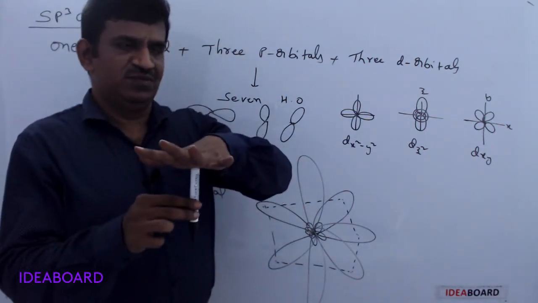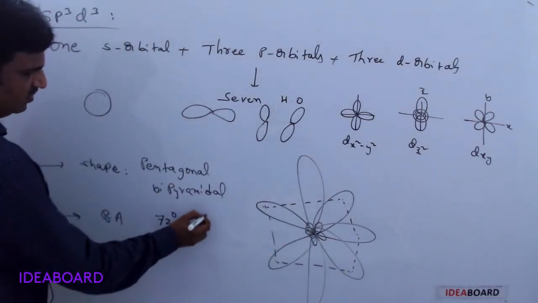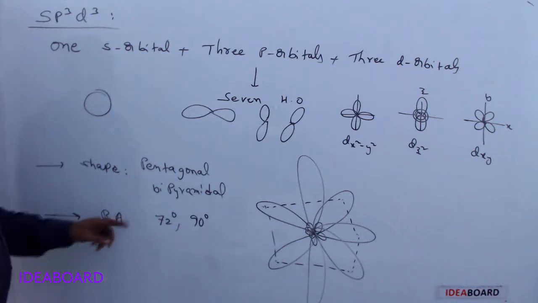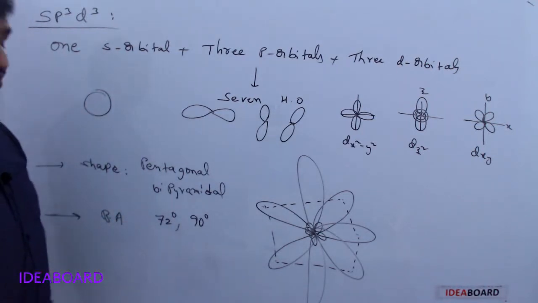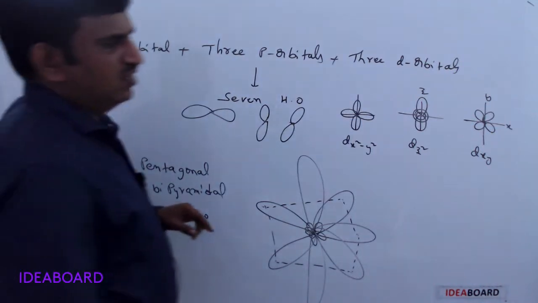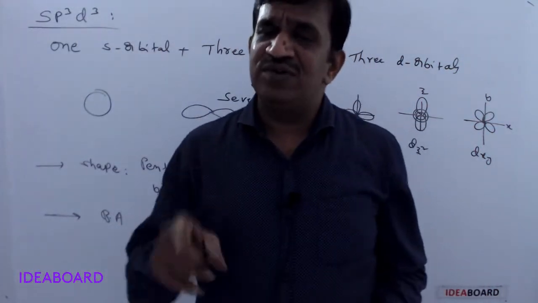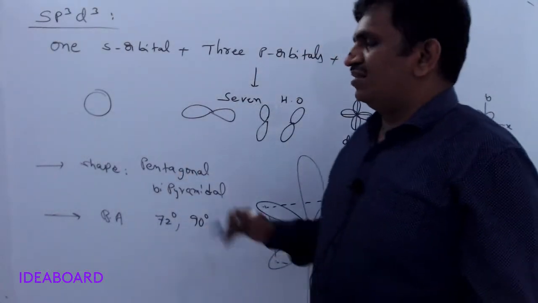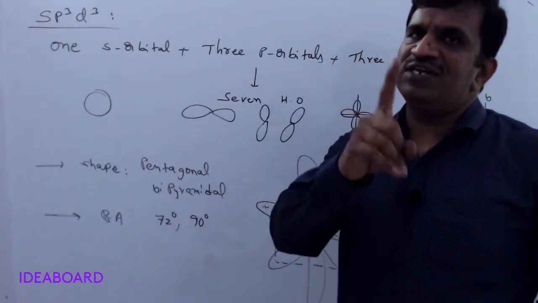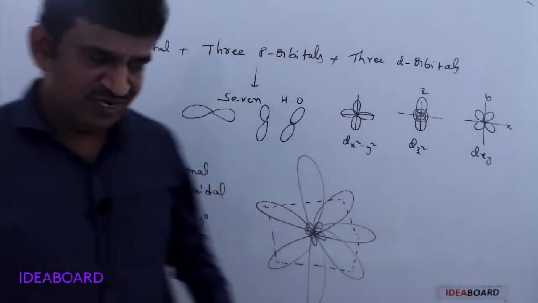They make a 90 degree angle. So two different types of bond angles are possible in sp3d3, and also in sp3d hybridization, that is 120 and 90 degrees, and in all the remaining types we have only one type of bond angle. Okay, that is sp3d3 hybridization.